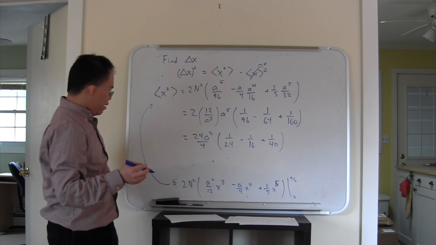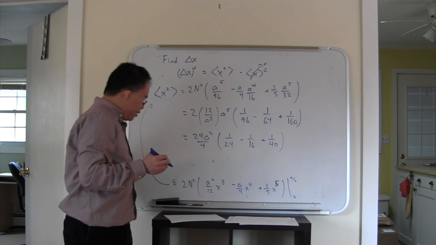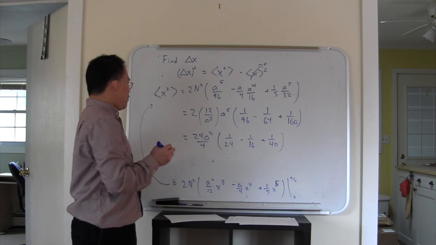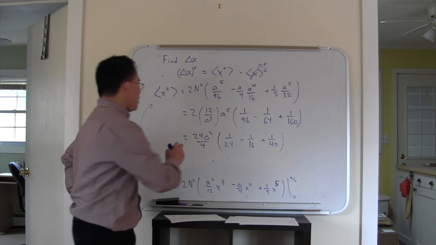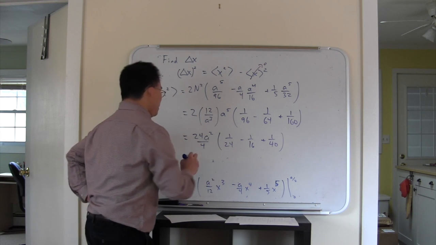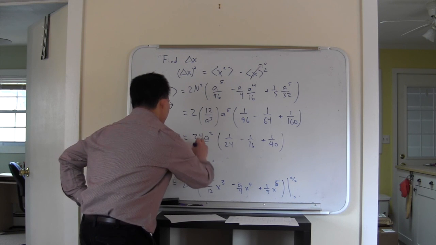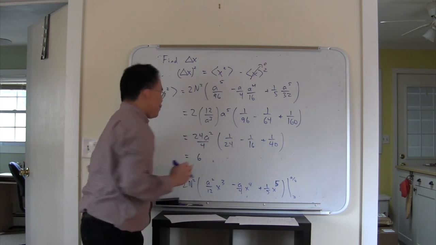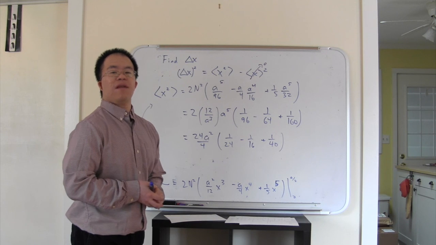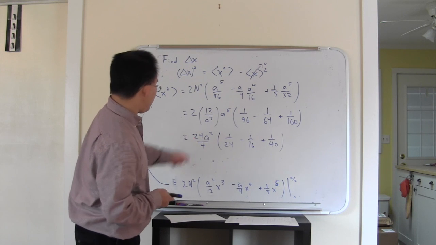Let's try and simplify this further. I can pull out another factor of 2 here, so I have a 24 and 4 gives me a 6. So that lets me simplify this piece here.